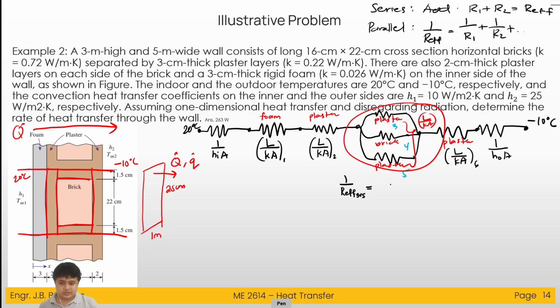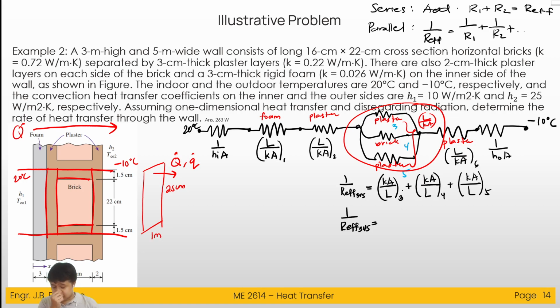So R1 here is KA over L of 3 plus KA over L. Sorry guys, but this is reciprocal. So we have to find the reciprocal of L over KA, so this should be KA over L, and then plus KA over L of 5. Now you can actually rewrite this in a different way if you want. But anyways, we have 1 over REFF of 3, 4, 5.